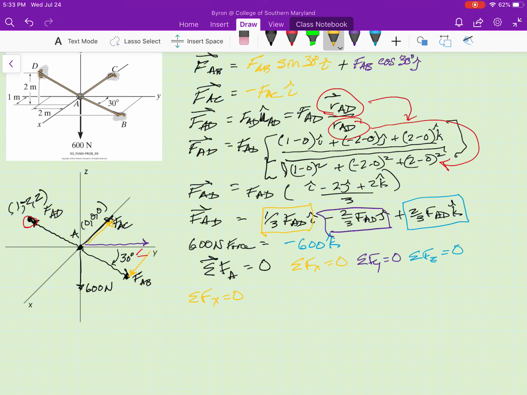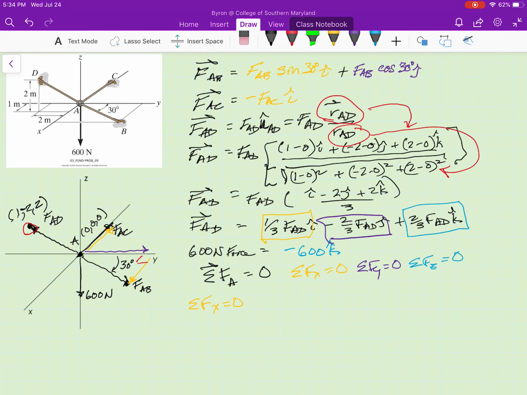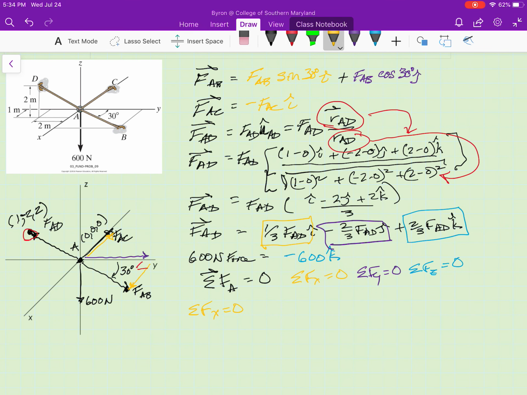So I'm going to go through and pick out all my x components, which I've color-coded orange. Okay. So first I have FAB sine 30i, and the sine of 30 is 0.5, and actually I'm going to do these in a different order so I don't get lost here.